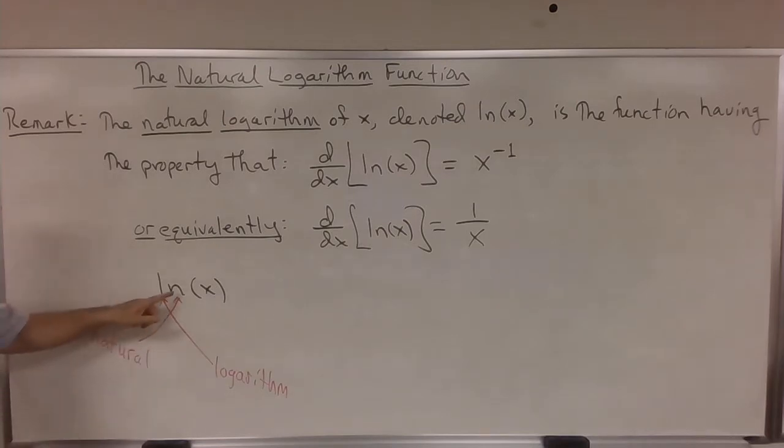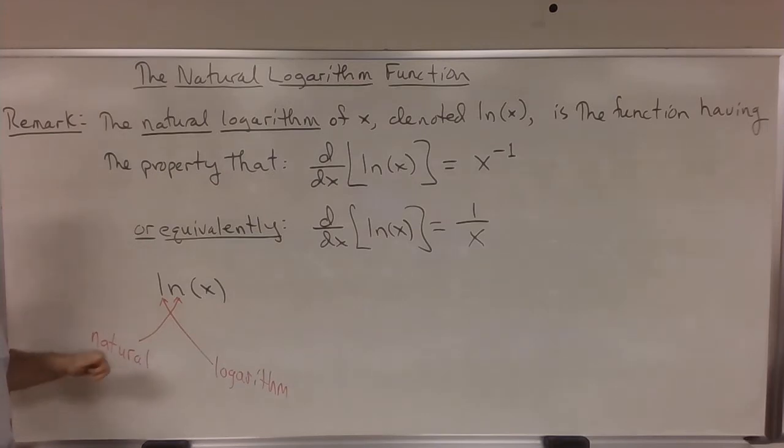We can say that the n and the l in reverse order stand for natural logarithm. So when we see this ln, we can just think of the n first and say natural logarithm of x, or a natural log of x.